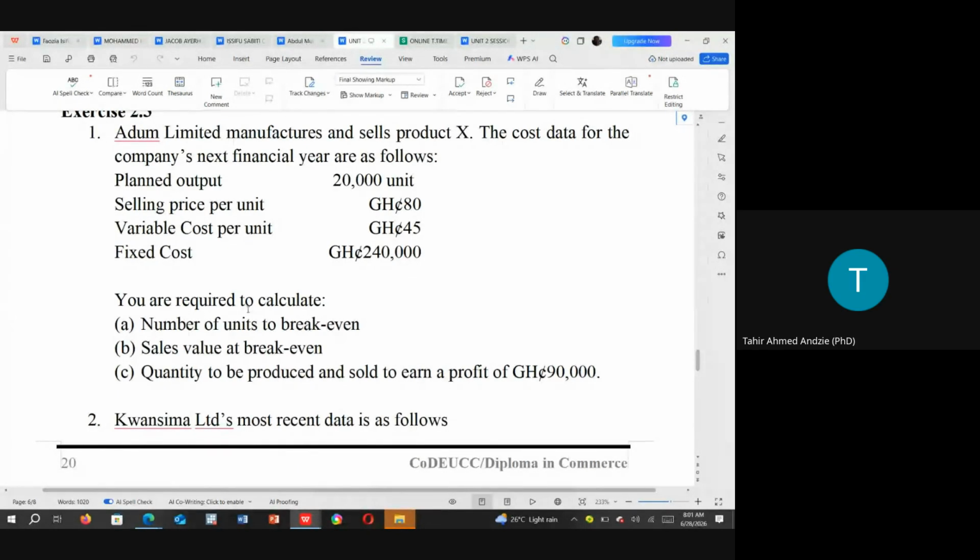So now to get the break-even sales, it is fixed cost over the contribution margin ratio, or contribution sales ratio. So we have 240,000 divided by 0.4375, and that gives us what?